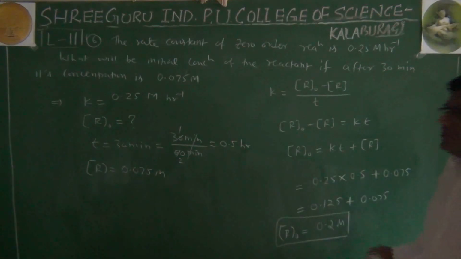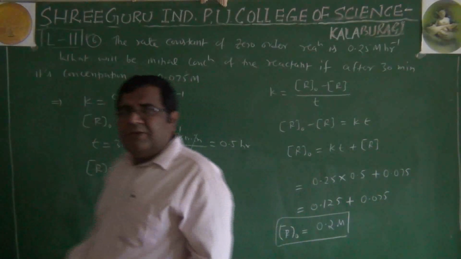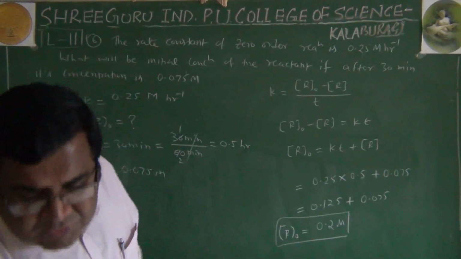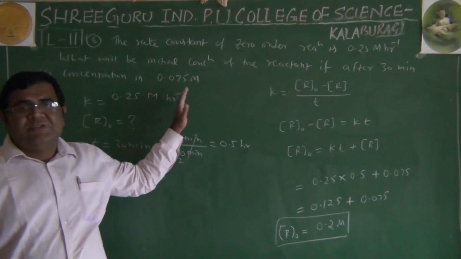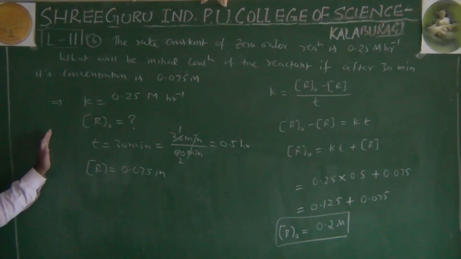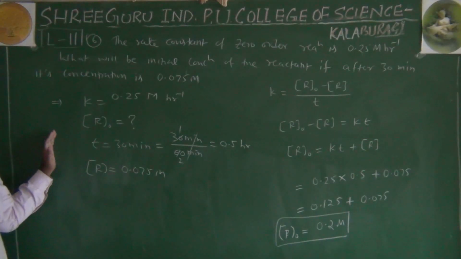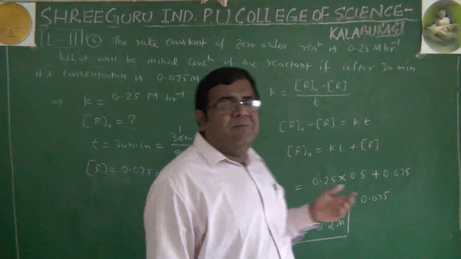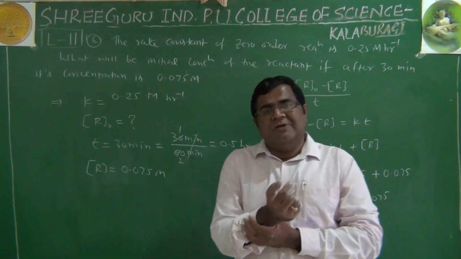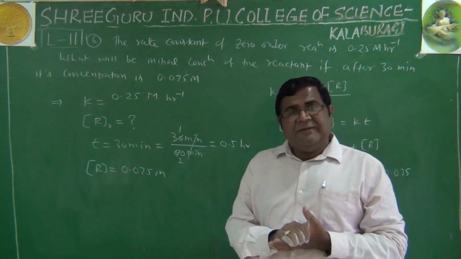So today we have done 6 questions. Carefully you have to solve them once again. The zero order questions, you should not ignore them, because in MCQs this type of question appears. Many more questions of this type we will solve in the next class.